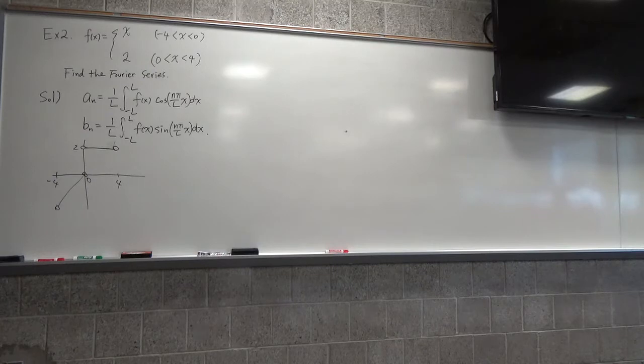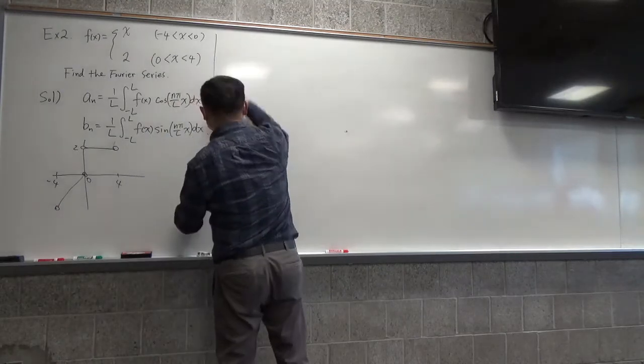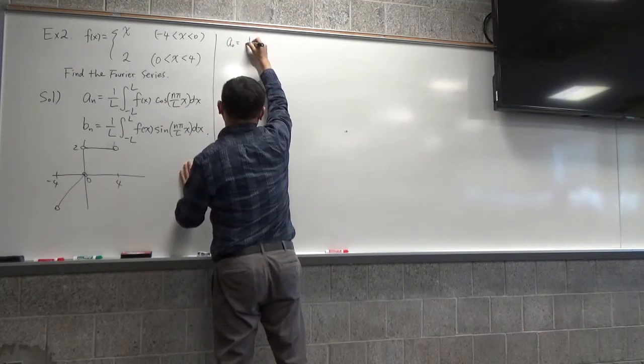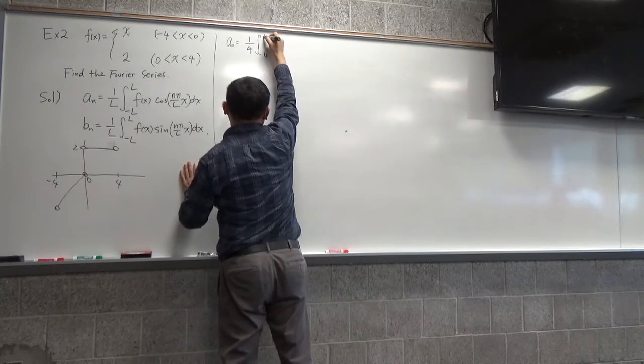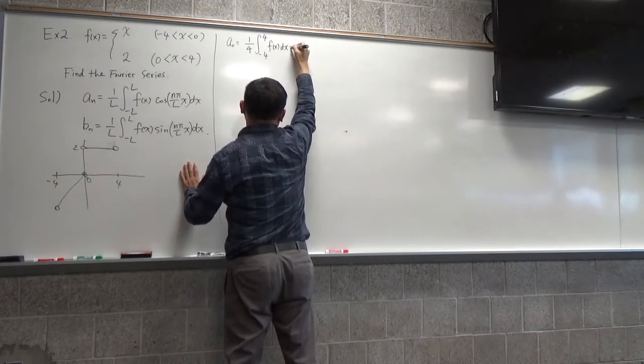Okay, so for this function, we have to do the a0 first. So it's always the same format. Find a0 first, which is, we decided that L is 4, so it's 1 over 4, negative 4 to 4 of the function f dx.